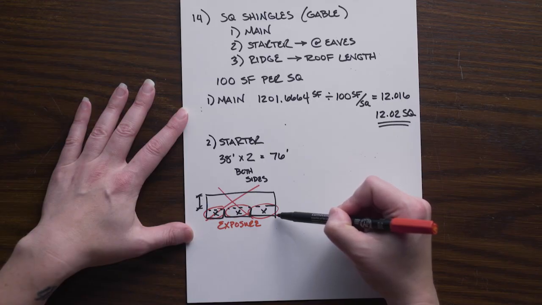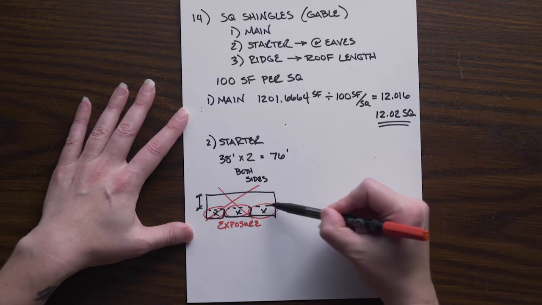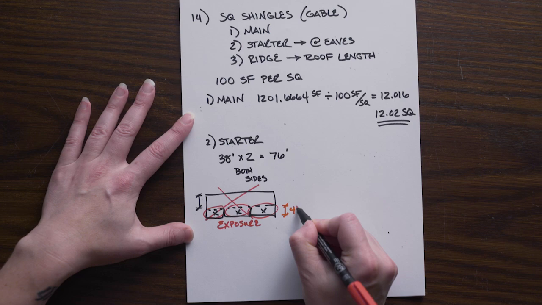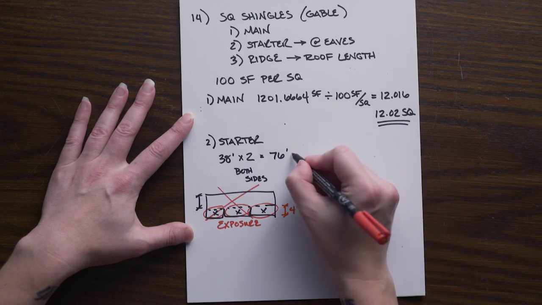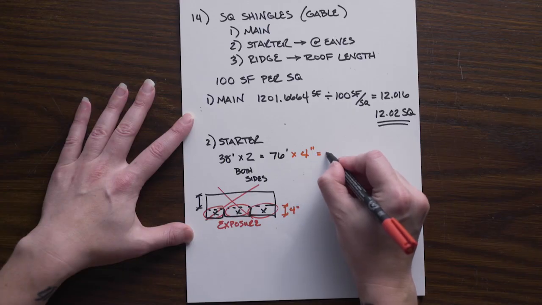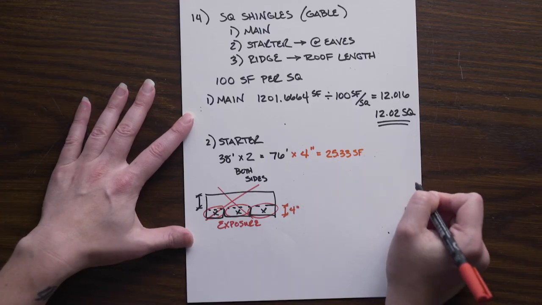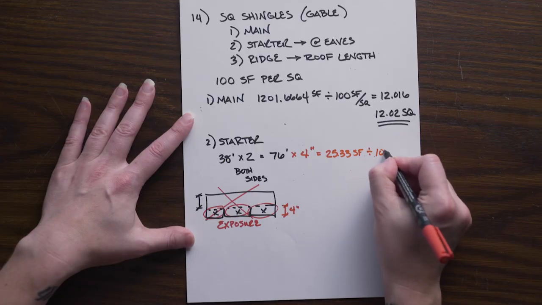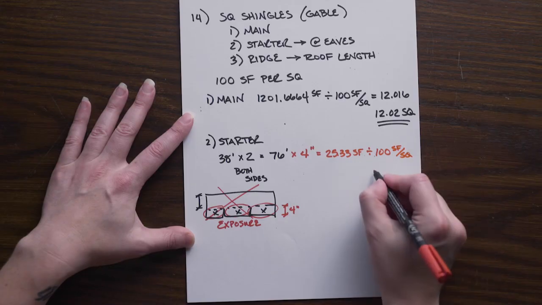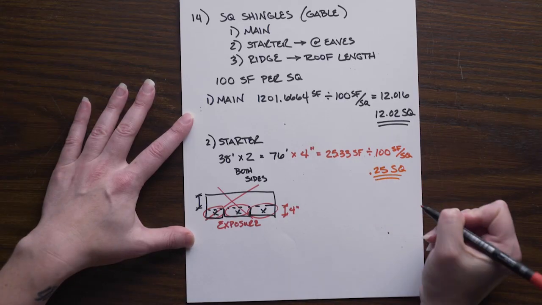It is a difficult concept to grasp, but once you have it, you will always base it off of the exposure, which our specs said was 4 inches. So if we multiply by our 4 inches of exposure, we get 25.33 square feet. And we can convert it to squares by dividing by 100 square feet per square and get roughly 0.25 square for our starter strip.